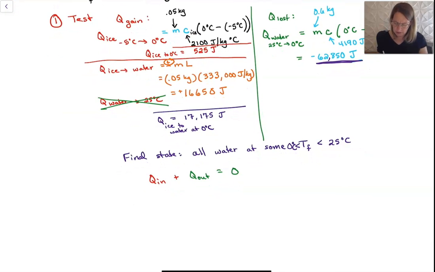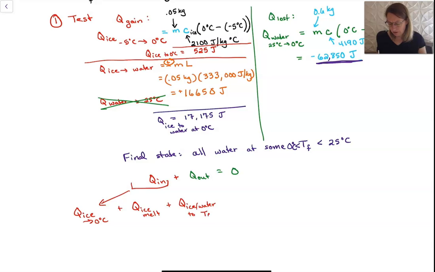For our Q in, that's made up of 3 terms. The Q for the ice to go to 0 degrees C, plus the Q for the ice to turn into water, to melt, plus a Q for this ice, now water, to go to the final temperature.